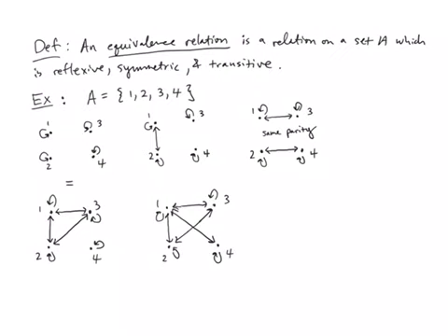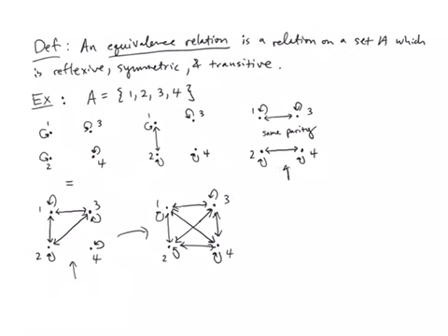So now you can get from 4 to 3, so you have to be able to get there directly. And now you can get from 4 to 2, so you have to be able to get there directly. And so no matter what you do, if you add a new edge to this diagram here, you end up at this picture here. And the same is going to be true of this picture up here.